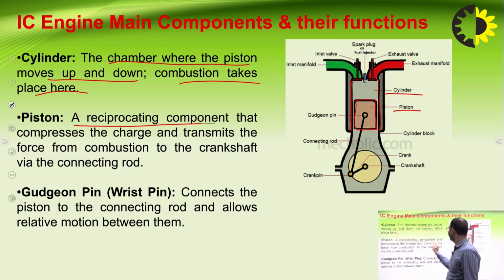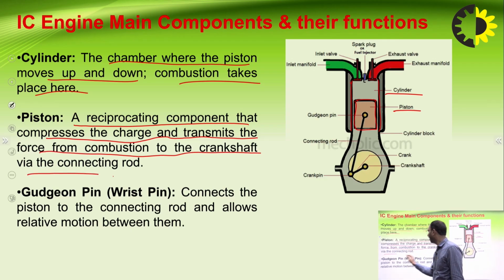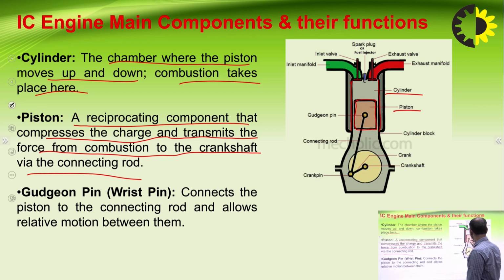A reciprocating component that compresses the charge and transmits the force from combustion to the crankshaft via connecting rod. So this one is connecting rod and this is crankshaft. It can transfer force from combustion to the crankshaft via connecting rod.